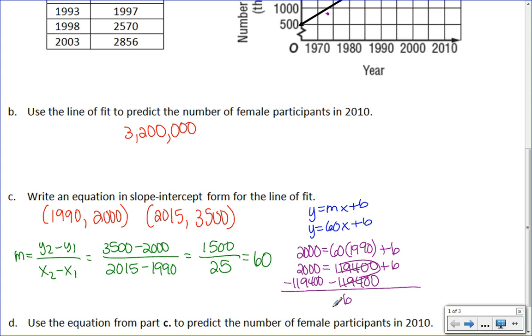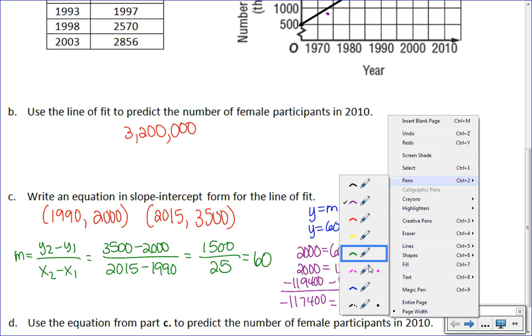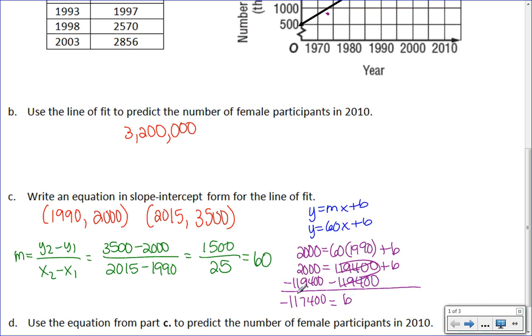Those cancel, we're just left with b, and 2000 minus 119400 is negative 117400. So this is the value for b.